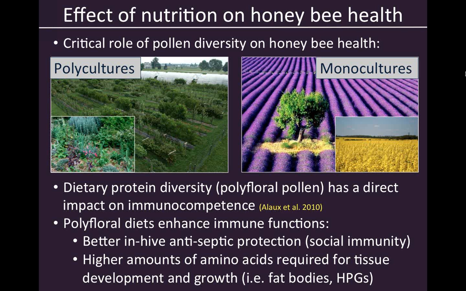And so they're only receiving the amino acids that are present in almond pollen. And that is not something that anyone, including the bees, would want to have. Just a very boring diet, and maybe a diet that doesn't have all the essential amino acids for proper tissue development and growth.